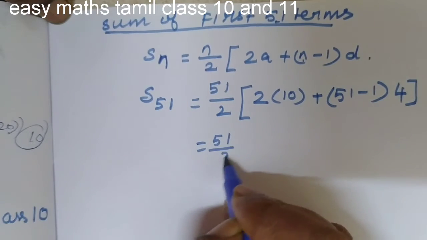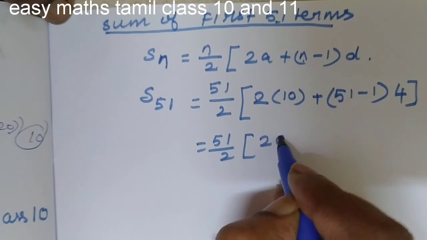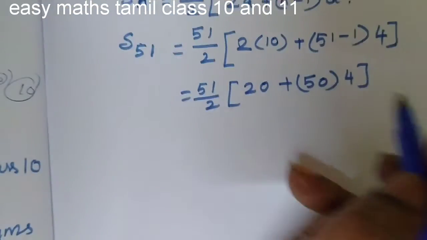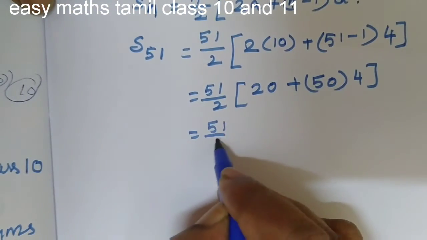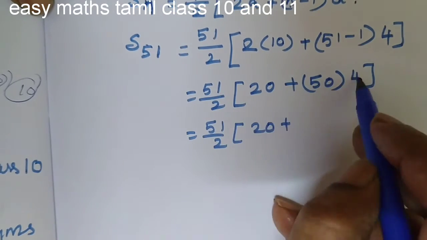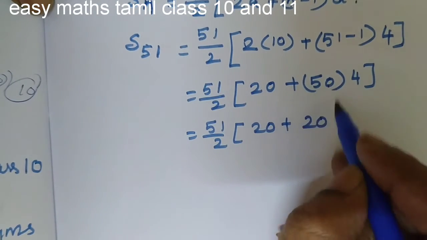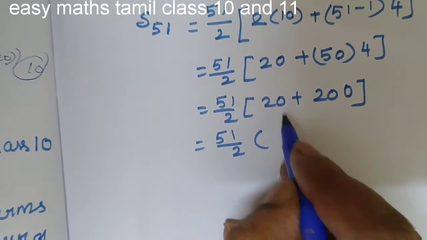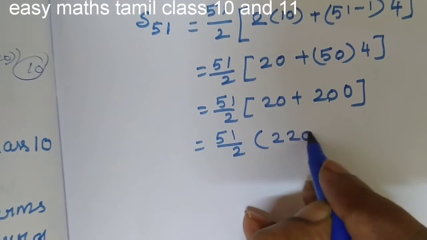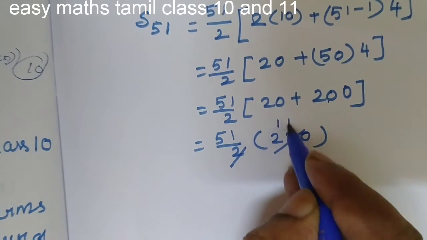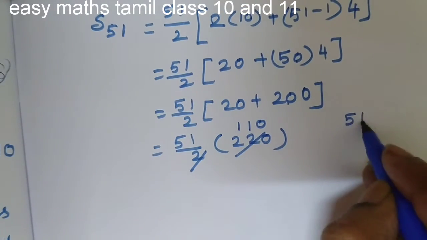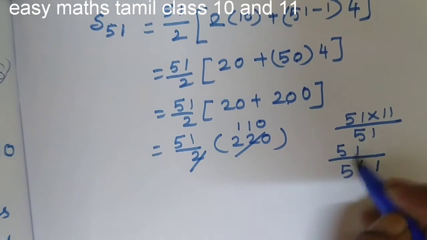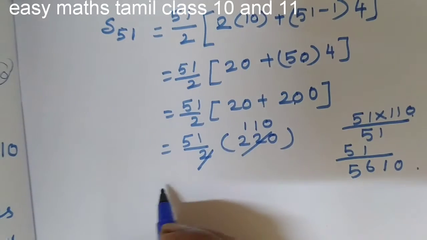51 by 2 into 2 into 10 is 20 plus 51 minus 1 is 50 into 4. 51 by 2 into 20 plus 200, that is 220. 220 by 2 is 110. 51 into 110, that is 5610.